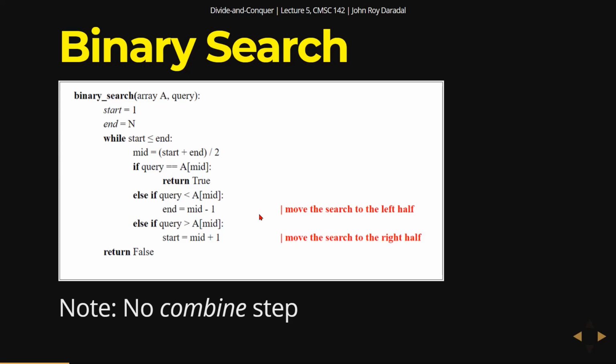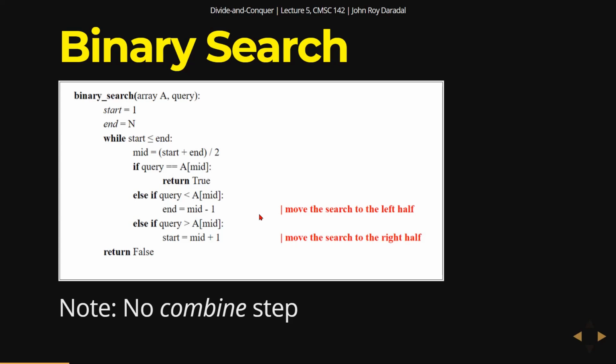And finally, we also saw binary search earlier. This also follows divide and conquer, wherein we go to either the left half or the right half. So we'll look at the middle first. If what we're looking for is less than the middle, then we'll go to the left half. Otherwise, we'll go to the right half if greater siya.